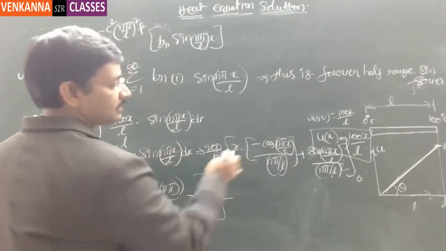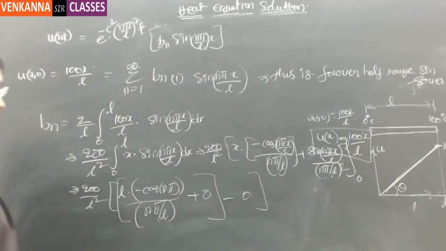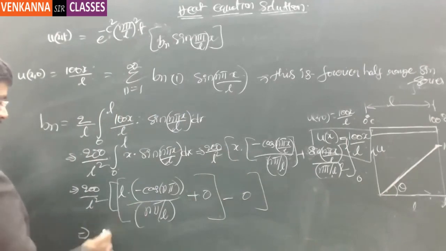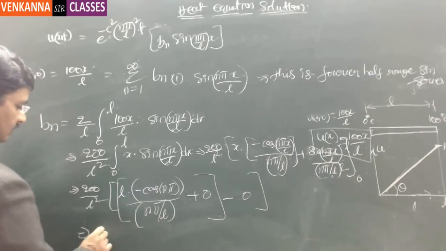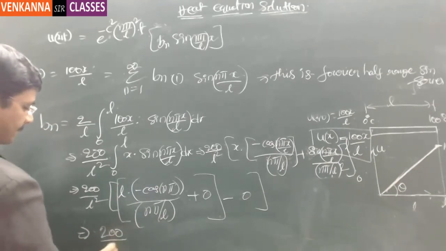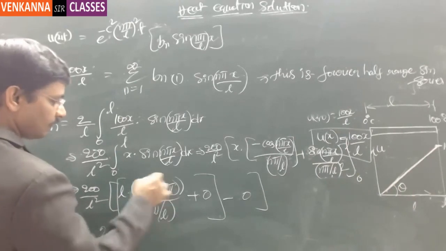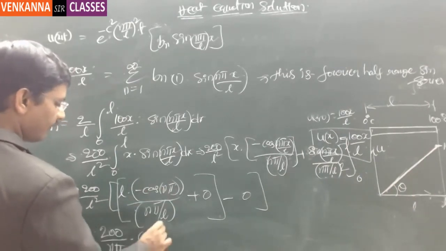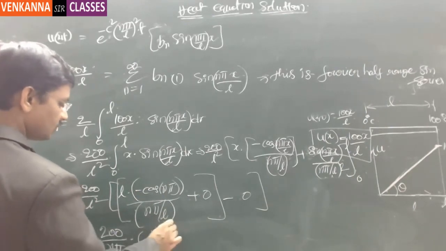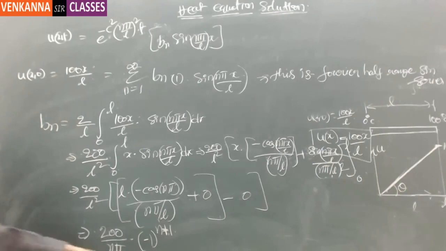If you substitute the lower limit, this part is 0 and this part is also 0. This is n pi by L, so L square will cancel, 200 by n pi into minus cos n pi. Minus cos n pi is minus 1 whole power n plus 1, because 1 minus is extra. So 200 by n pi times minus 1 whole power n plus 1.